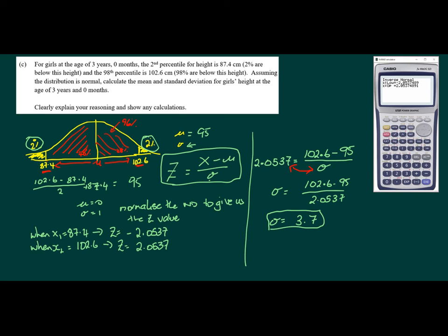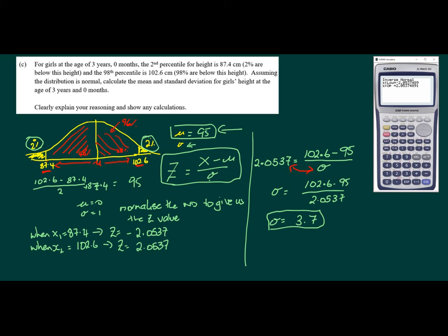So we've worked out our mean, which is 95 kilograms, and that the standard deviation here is 3.7. What you need to do is clearly show how you got the mean, so you need to write a few sentences.